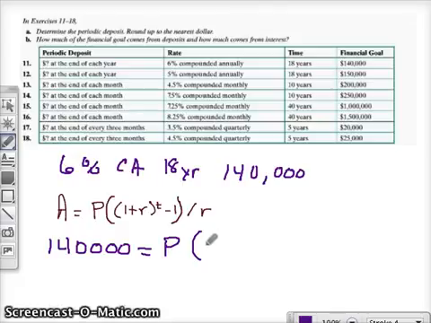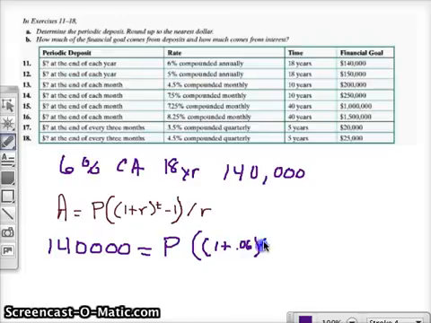I think I just made a mistake in that last problem by not doing quarterly. I did monthly, so that should be 4. I do apologize for that. Anyway, so this is going to be 1 plus my interest rate, which is 0.06.